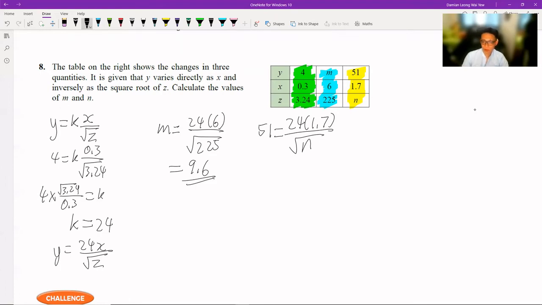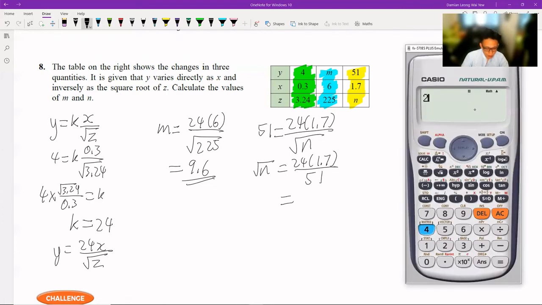The 51, on the other hand, I can bring it down. Times becomes divide, divide becomes times. Square root of n equals 24 times 1.7 over 51. Let's calculate: 24 times 1.7 divided by 51. I get 0.8.